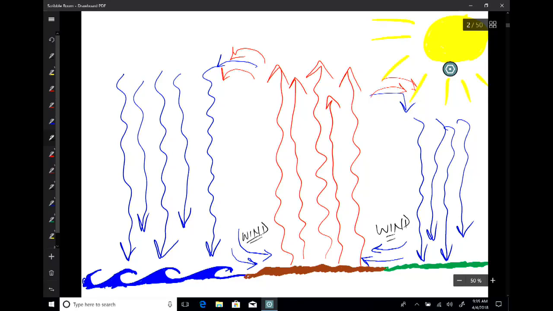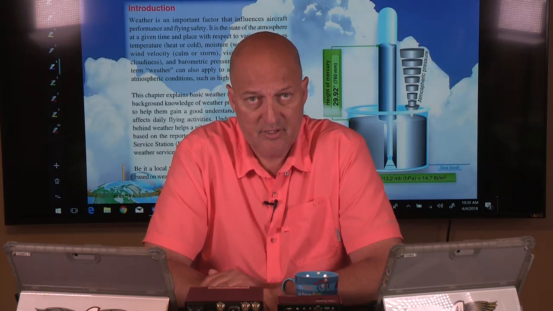So that's kind of what weather begins to look like with regards to air moving from one place to another because of changes in temperature. We have two big rules, and these, coincidentally, are FAA test questions. Here are the rules.